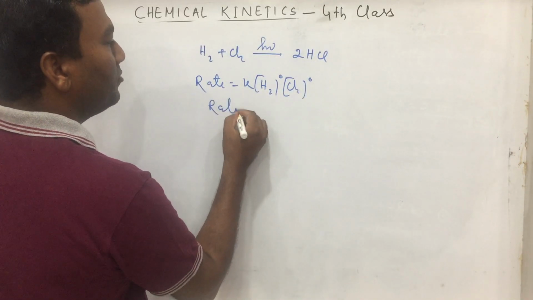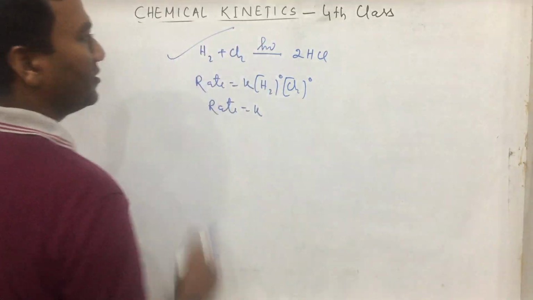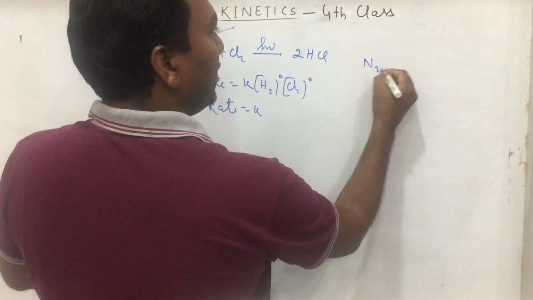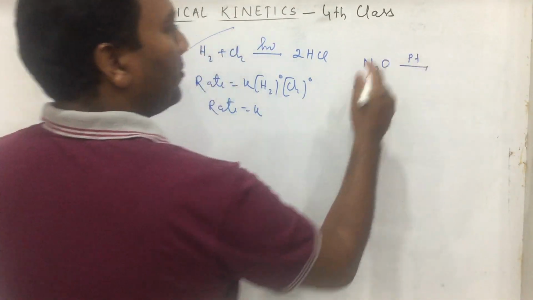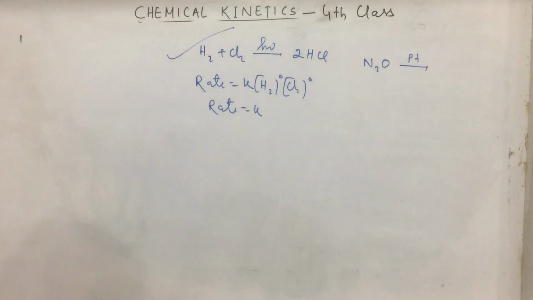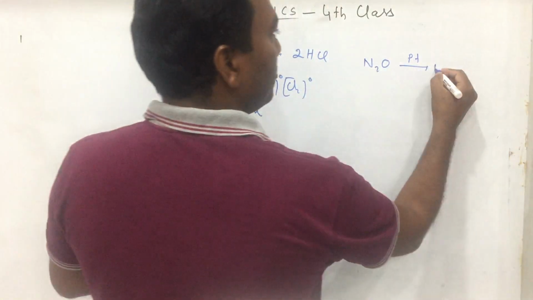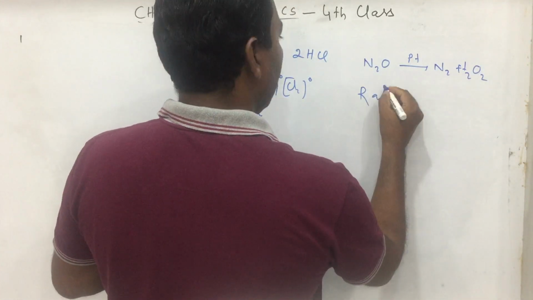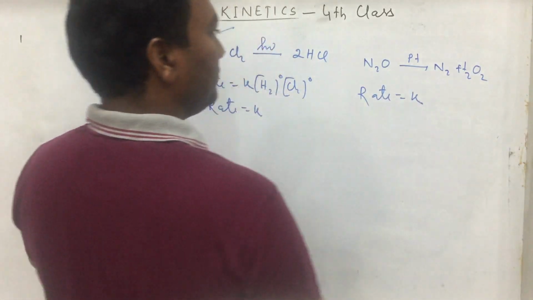That means rate equals k, because this is a zero order reaction. Similarly, suppose one reaction, N2O in the presence of platinum, gives rise to N2 plus O2. So what is its rate? The rate equals k.